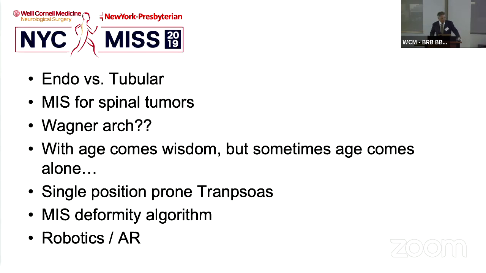I think that's a real advantage of MIS surgery. These tumor procedures sometimes can be fairly invasive, and there are real MIS options now to make the surgery safer and more effective. I was surprised to hear about the Wagner arch. Unfortunately, Dr. Wagner is not here now. Otherwise, we could have had a little debate here.